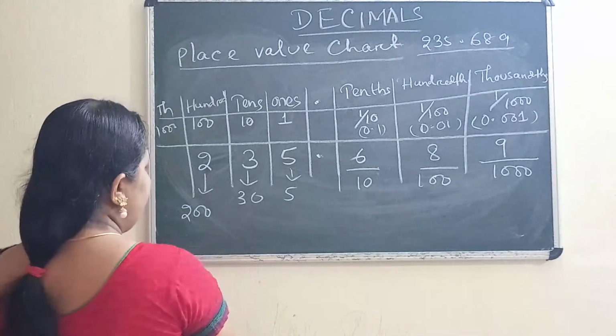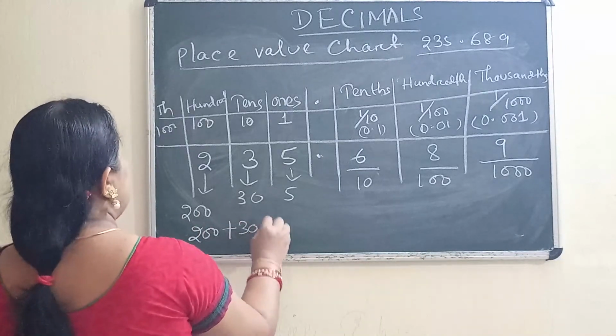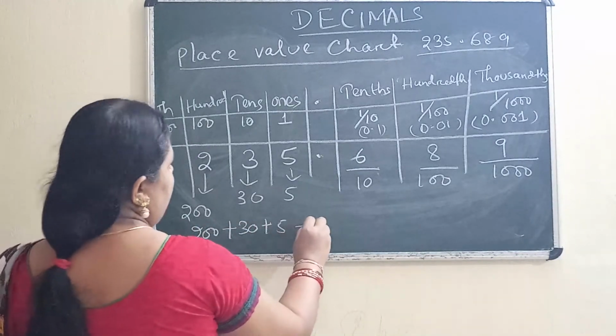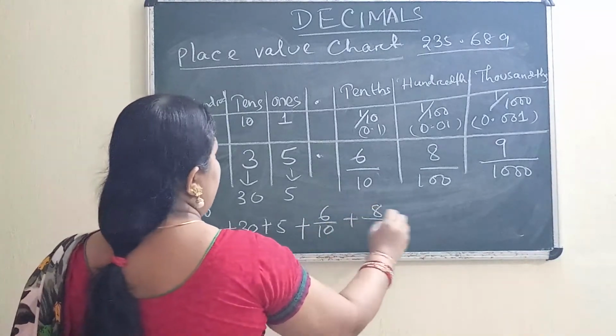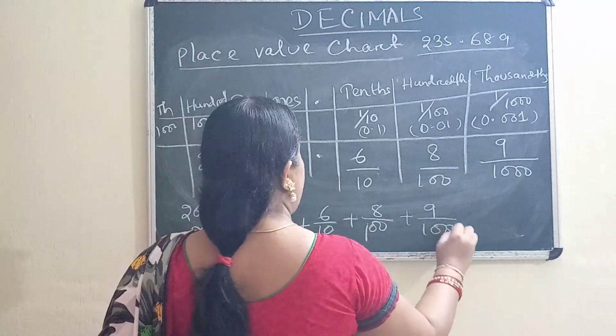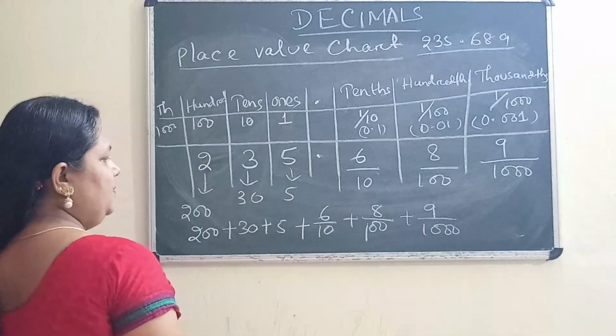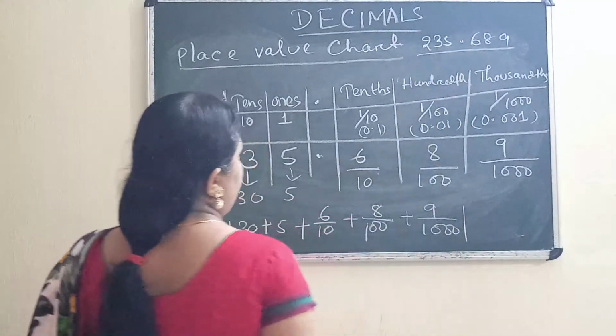How to write in expanded form? This one: 200 plus 30 plus 5, then plus 6 by 10, 8 by 100, plus 9 by 1000. Clear? So this is the expanded form of this number.